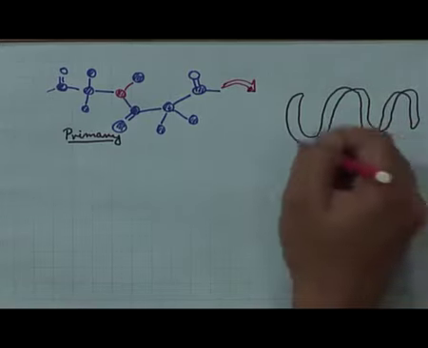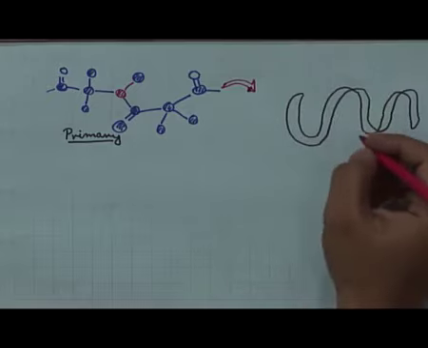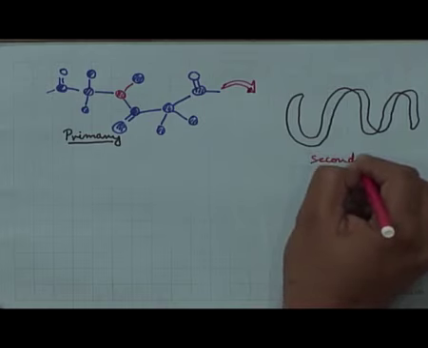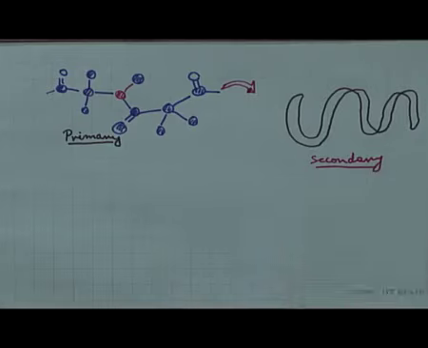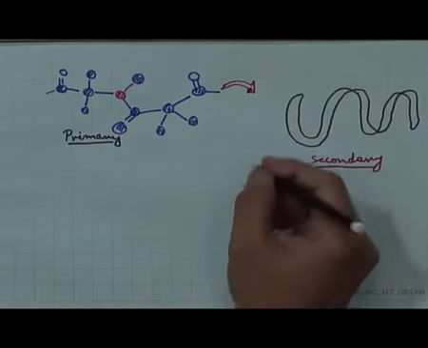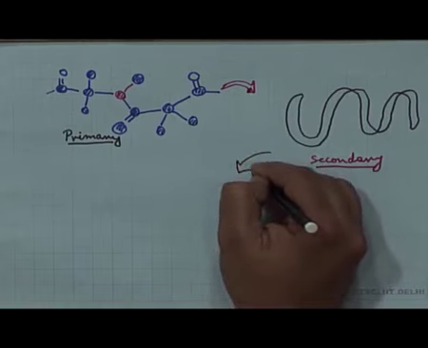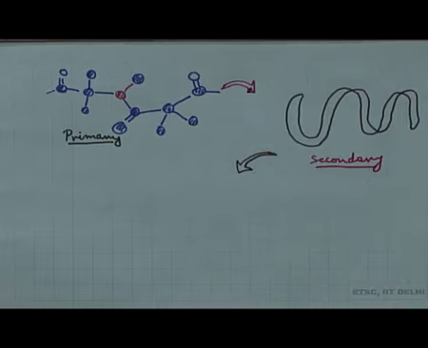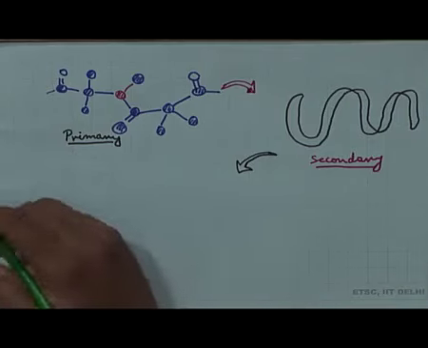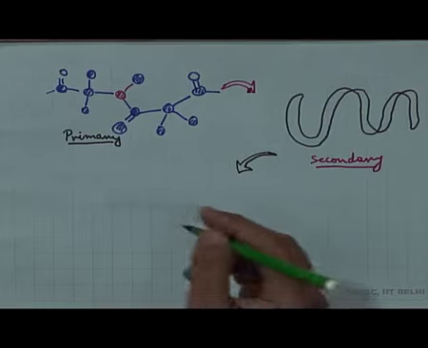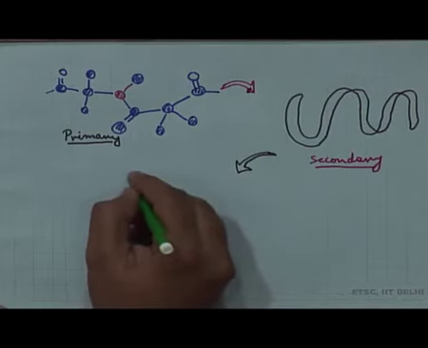Here the peptide chains are folded, and this leads to the secondary structure. Then this secondary structure can again get stabilized by different kinds of bonds, and that will give you the tertiary structure.